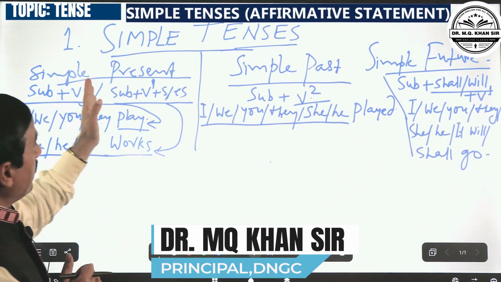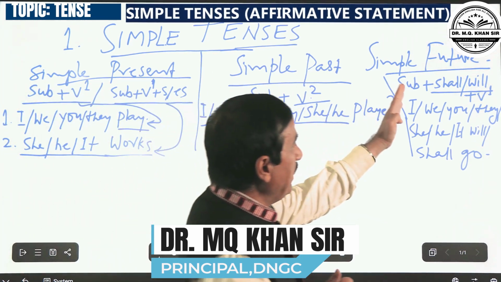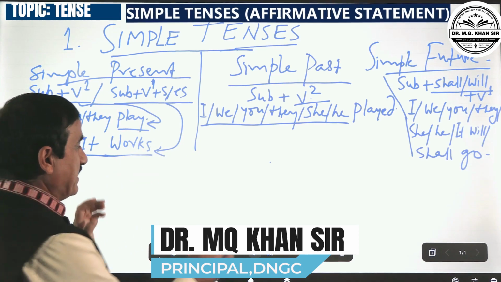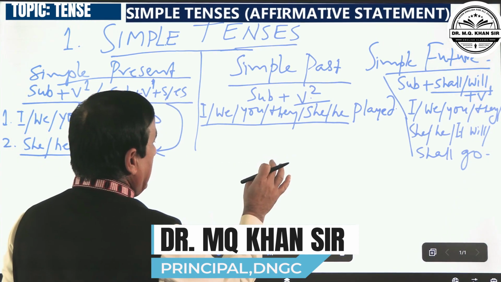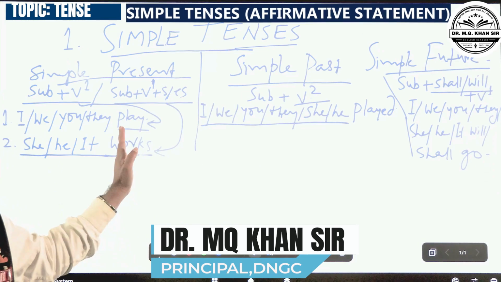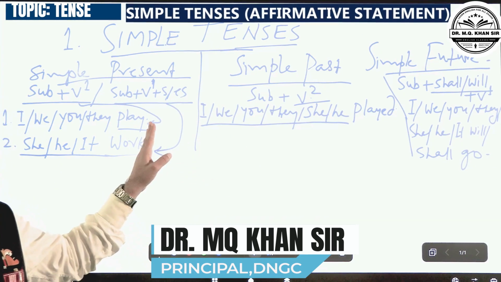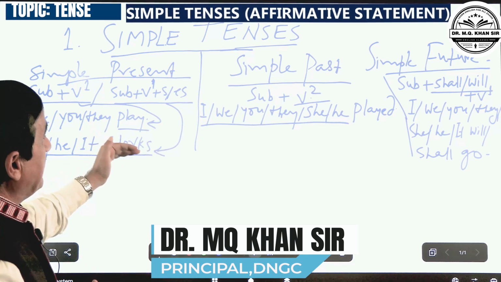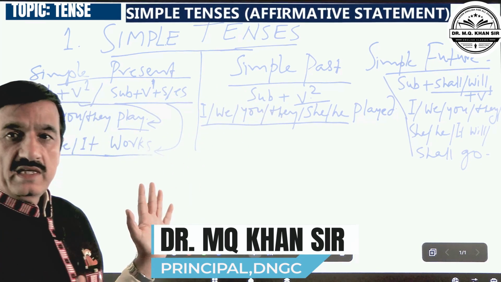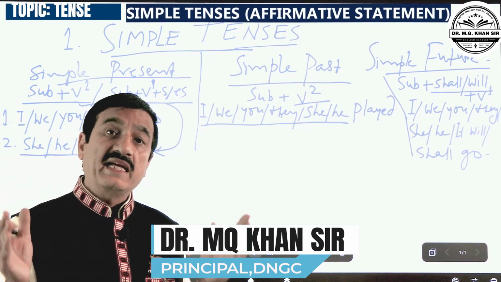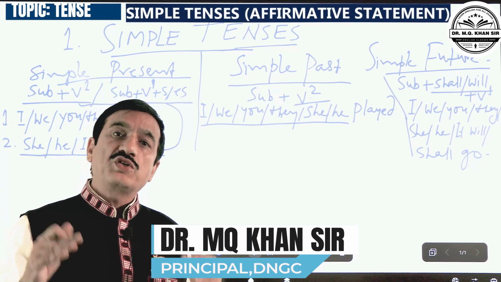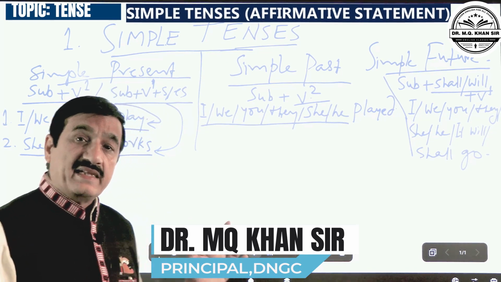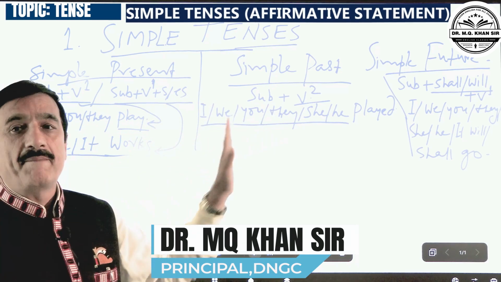So this is simple present, simple past, simple future. But you can notice one thing, that all this is only affirmative. There is no negative term used in any of these sentences. But even in simple present, simple past, simple future, if you construct negative sentences or interrogative sentences, that is also called question making sentences, then this formula shall not be applicable.